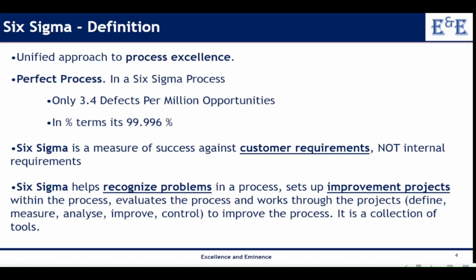In percentage terms, it is 99.9996 percent. That's a great output. And remember, here we are not talking of zero defects. Defects do happen, but we are going to minimize them.